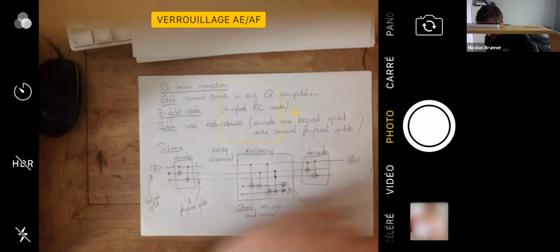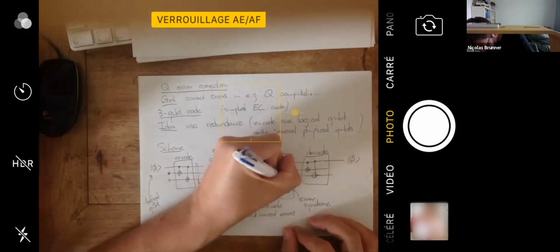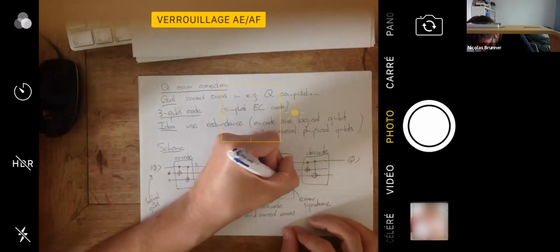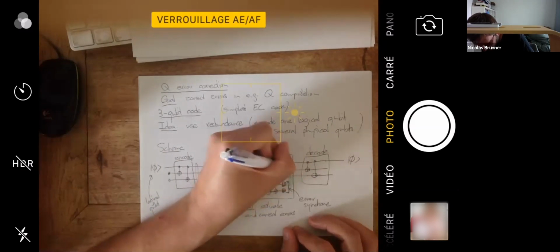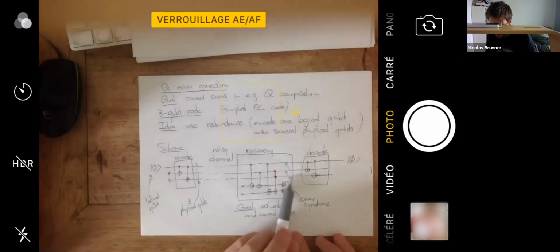Based on this, we are going to apply some changes to our 3 physical qubits. So this denotes some sort of feed forward, some operation that I will apply on these 3 qubits depending on what my error syndrome is.